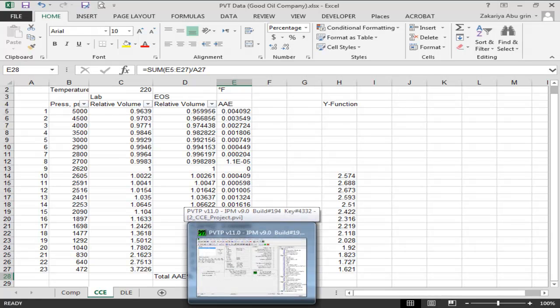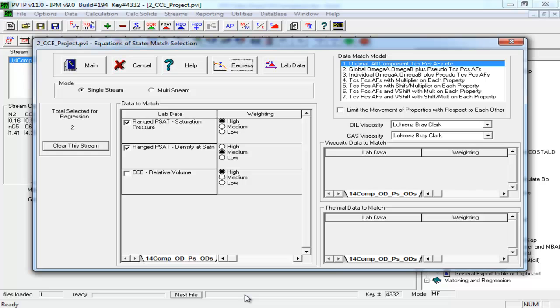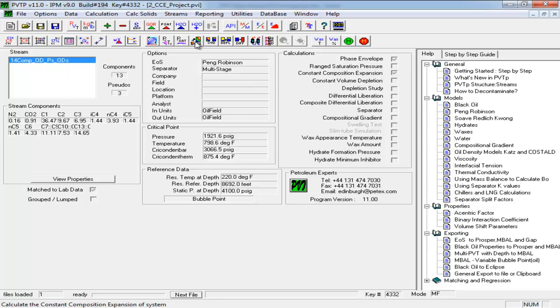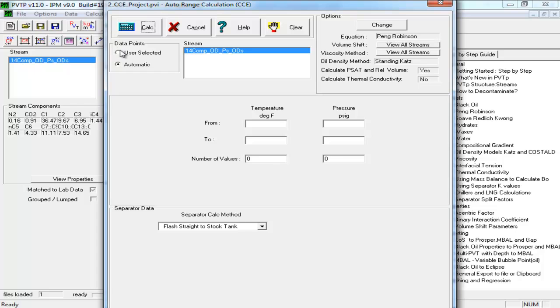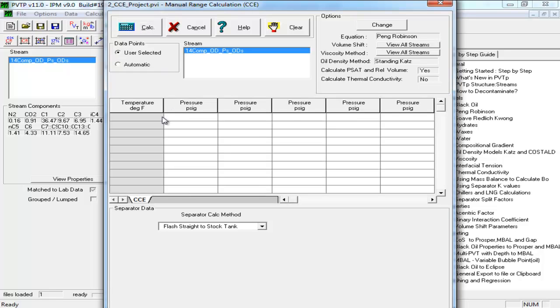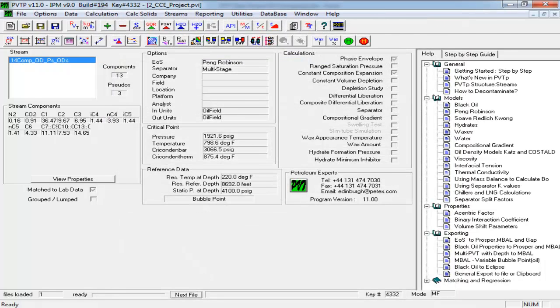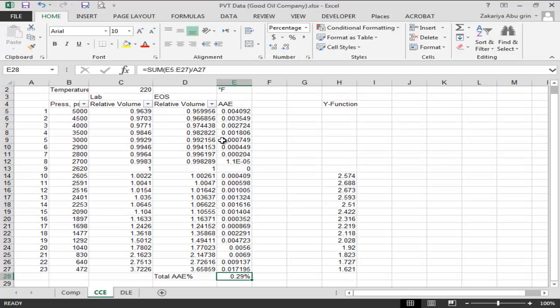Yeah, each time you will need to take the lab data, put it in Excel sheet as we did here. So let's say if we simulate, and we enter the CCE data here, and we take the values and put them here in Excel sheet and calculate the average absolute error.